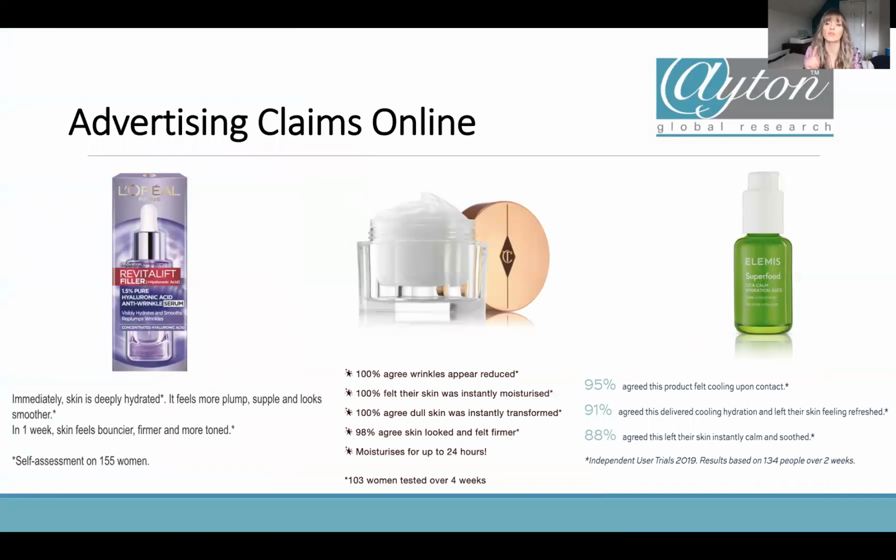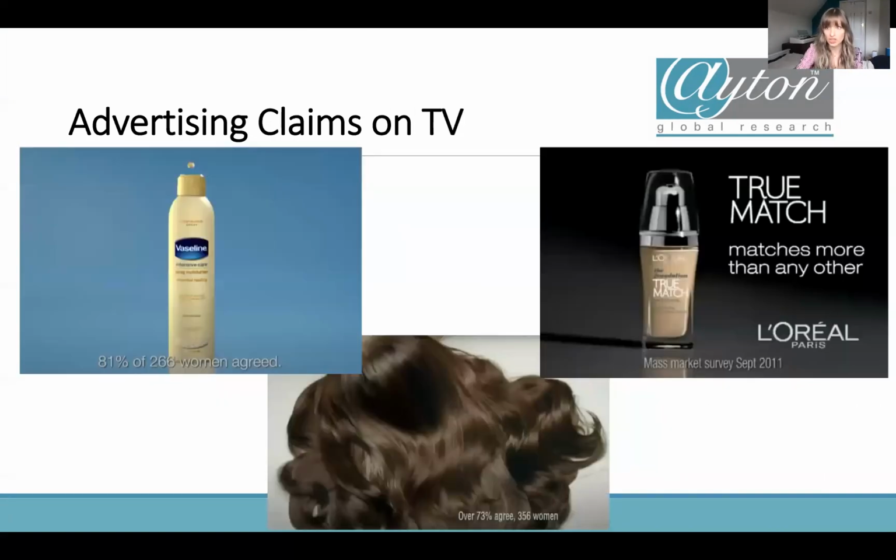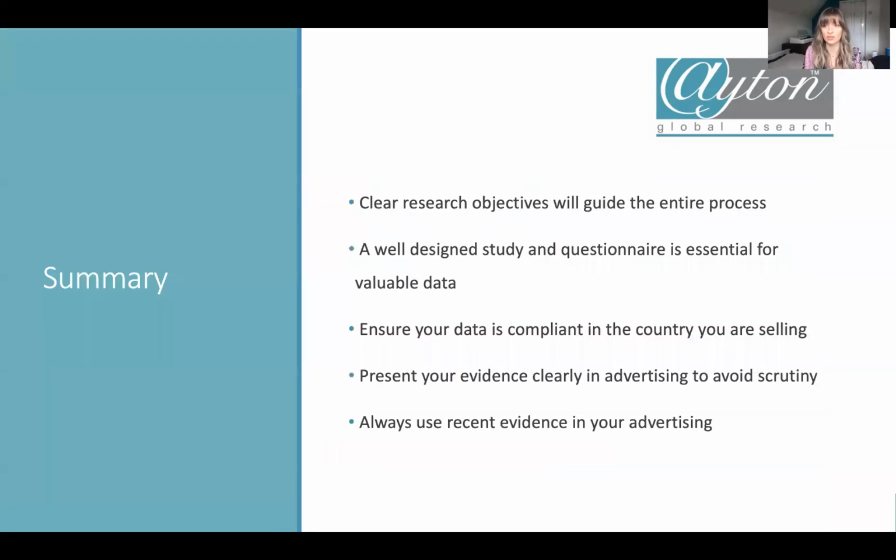Independent user trials from 2019, results based on 134 people over 2 weeks. Really nice and clear. Shows it's an independent user trial. It's not a clinical study, says the date, and it says how many people and how long for. That's kind of a really good example there. And also on that, always use recent evidence in your advertising. So by putting the date, that makes that really clear as well.